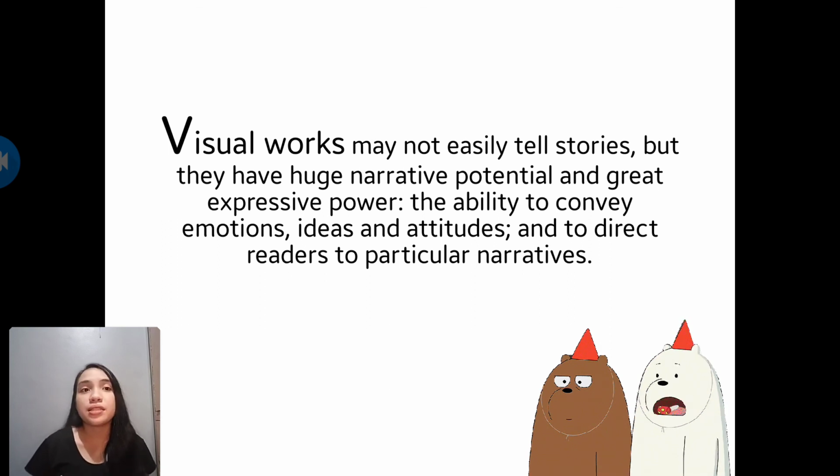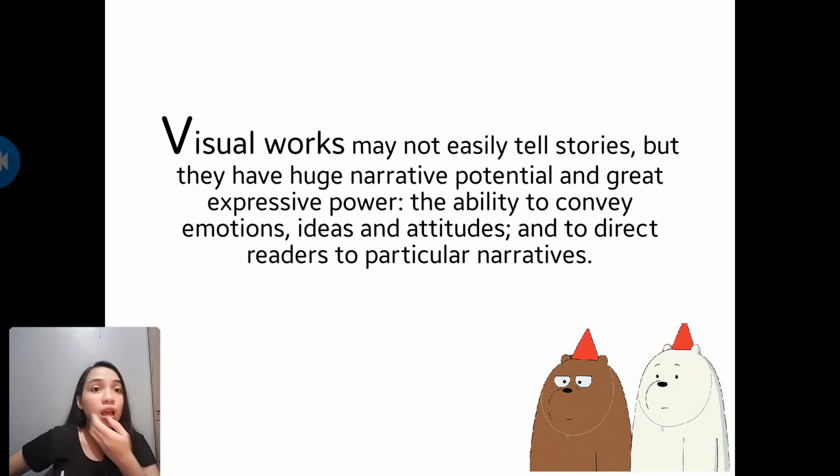Visual works may not easily tell stories, like other people said that visual works are just images, not narrating stories, but they have huge narrative potential and great expressive power, the ability to convey emotions, ideas, and attitudes. And that is true, because through images we can express our emotions, our ideas, and also our attitudes by drawings, paintings, arts.